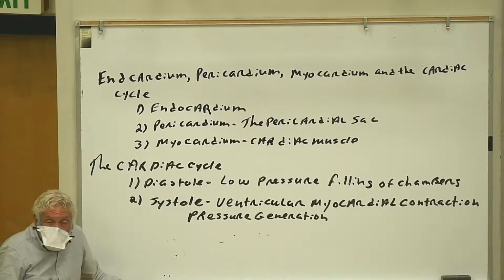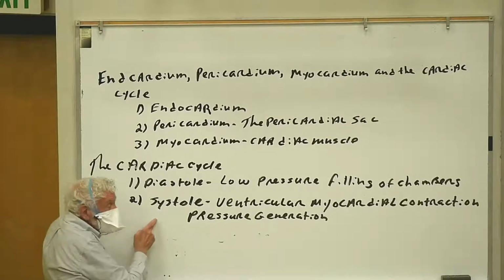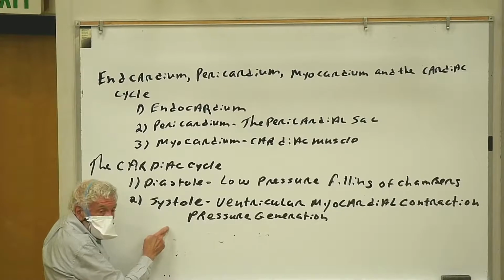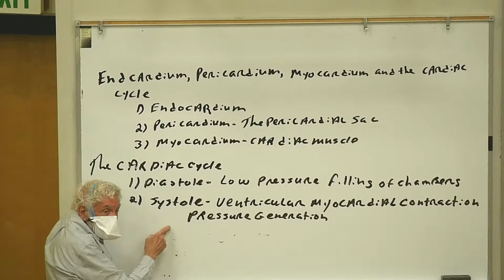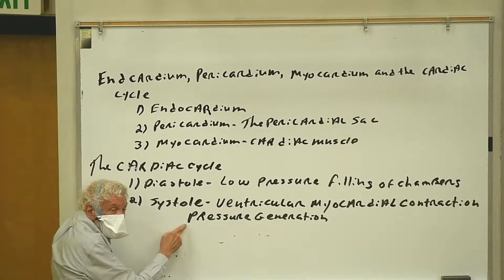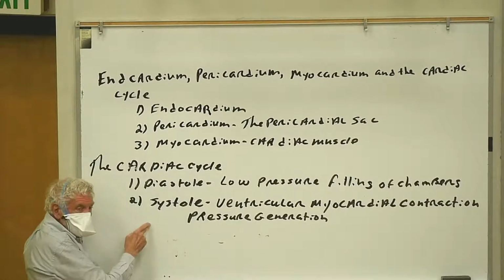The blood as a fluid is non-compressible. So when systole begins, when the contraction begins, pressure builds and builds. That pressure will continue to build until it is relieved by the opening of the aortic valve on the left side and the pulmonary valve on the right side.